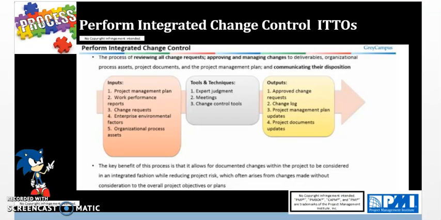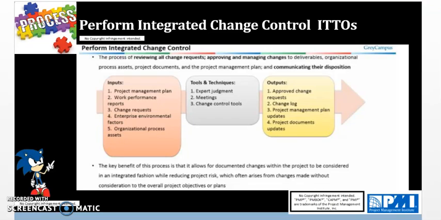The key purpose of this tool is to increase communication, visibility of change request status, and to keep all stakeholders well informed. The outputs are approved change requests, change log, project management plan updates, and project document updates.